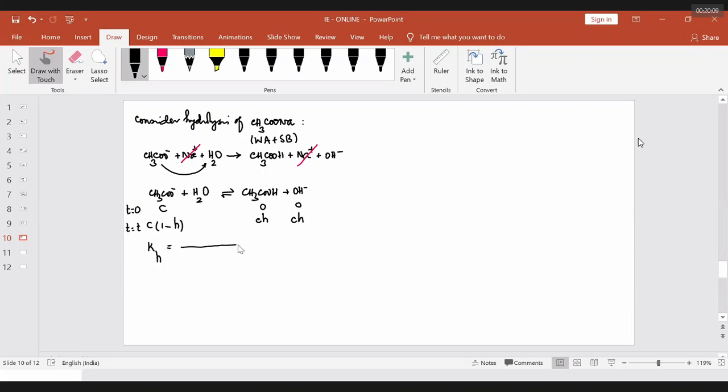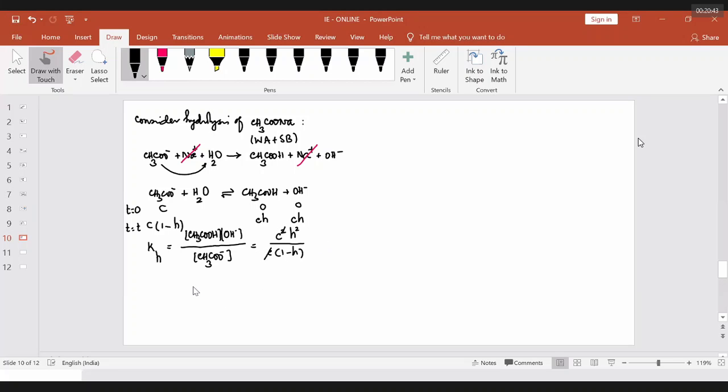Hydrolysis constant may be written as concentration of acetic acid formed into concentration of OH minus ion by concentration of CH3COO minus. Active mass of water, you know very well, is taken. Now, this is equal to C square h square by C into 1 minus h. You can recall that Ostwald dilution law.